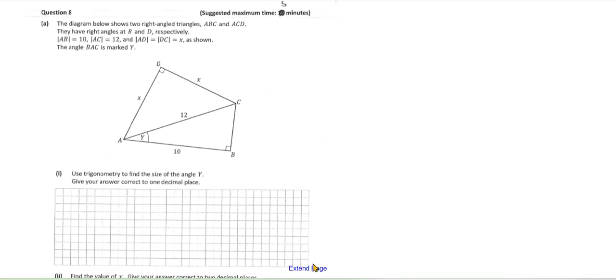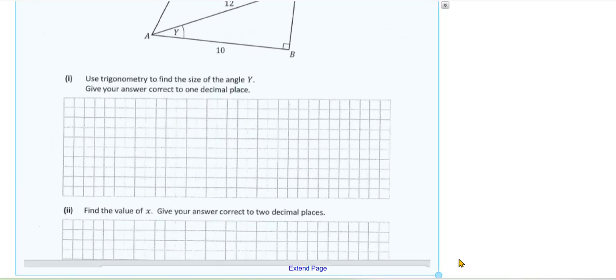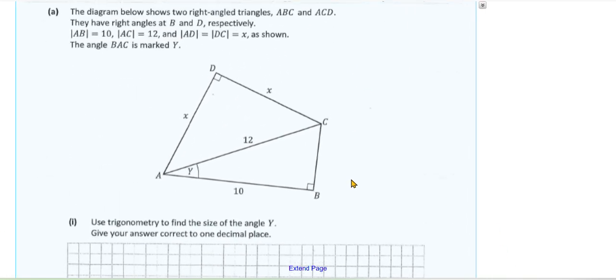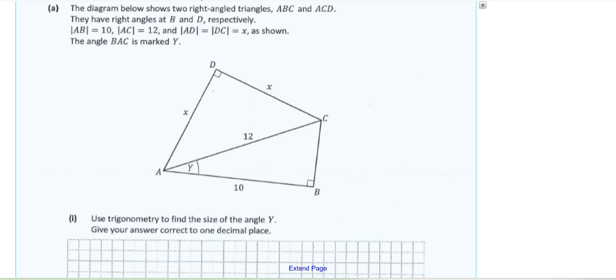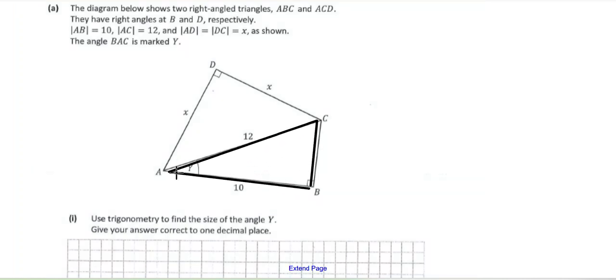Pythagoras' theorem, okay? So, use trigonometry to find the angle y. Would everybody be okay that we're definitely using that triangle down there, yeah? Okay. We're using angle y, which is this angle down here. This side is the opposite.